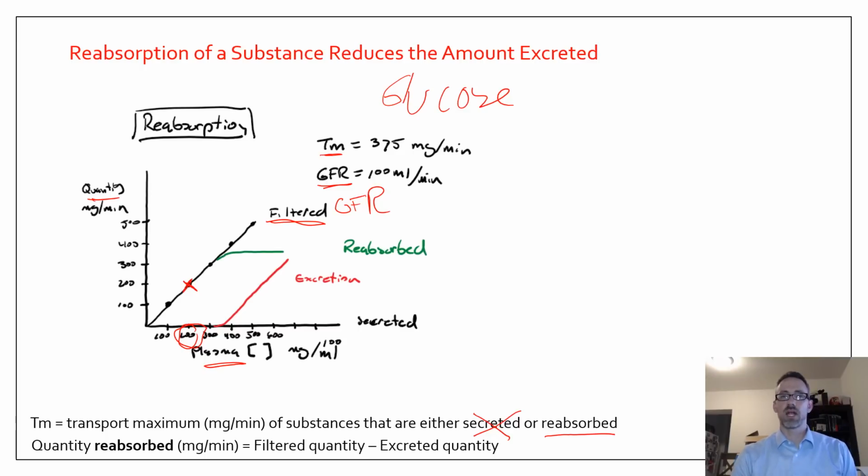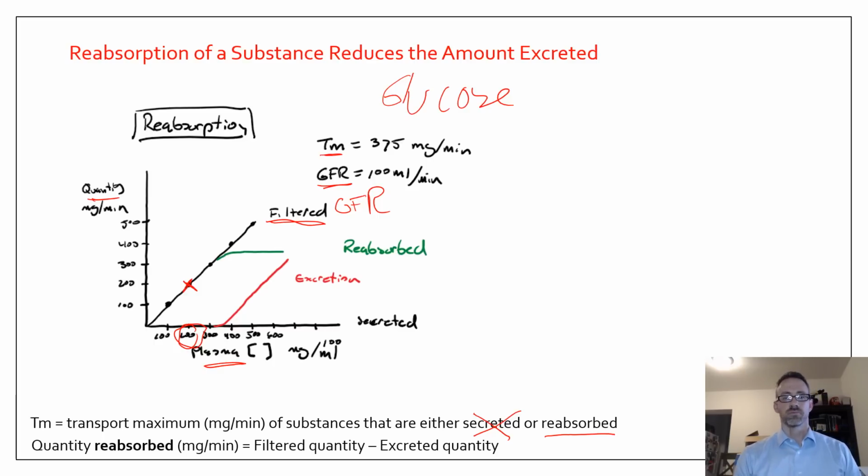So there's 200 milligrams that get filtered into the nephron. Of that 200 milligrams, how much can I reabsorb? Well, my transport maximum is 375. So if it's 200, underneath my transport maximum, then I'm going to reabsorb all of it. It's going to be easy enough for me to transport all that glucose out of the nephron and put it back into the blood.